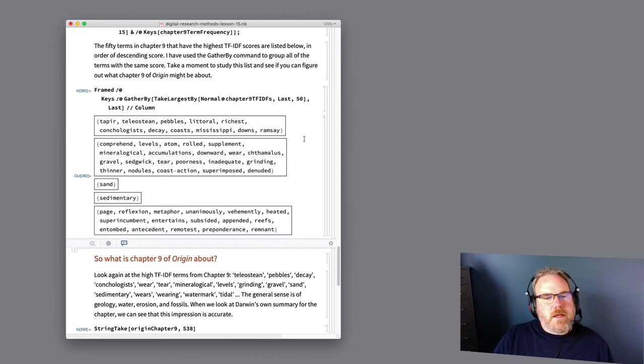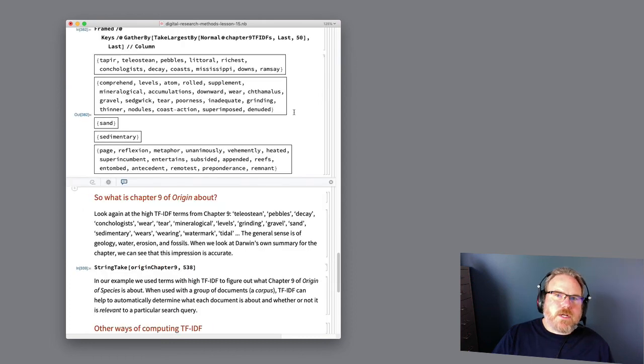So, if we look at these words: tapir, a kind of animal, pebbles, coasts, decay, mineralogical, tear, grinding, sand, sedimentary. These words give us a general sense that Chapter 9 is about erosion, it's about geology, it's about water and fossils. So now, what is Chapter 9 about?